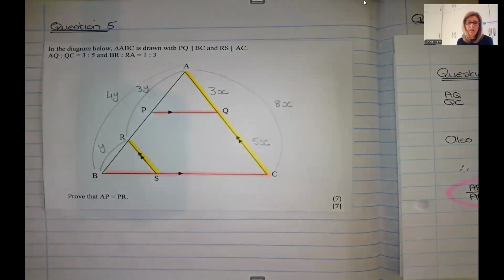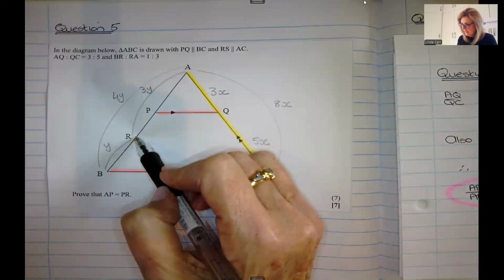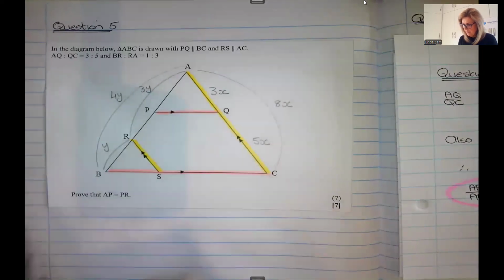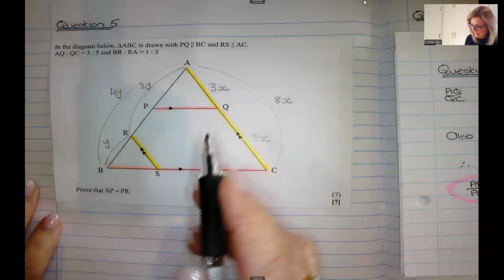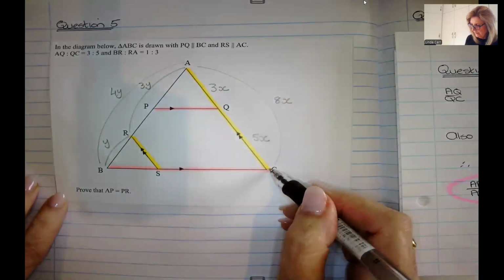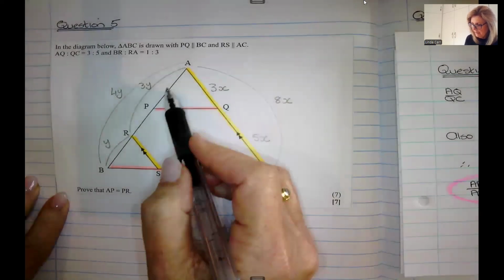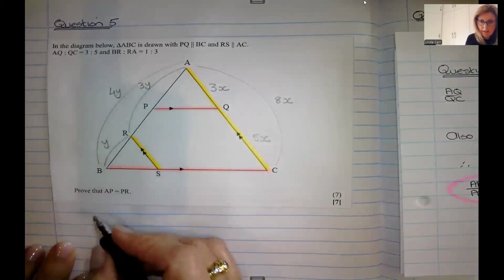Okay, and somehow I have to prove that AP is the same length as PR. AP is the same length as PR. All right, so the first thing I can do is say that AQ to QC is the same as AP to PB. So let's try that.